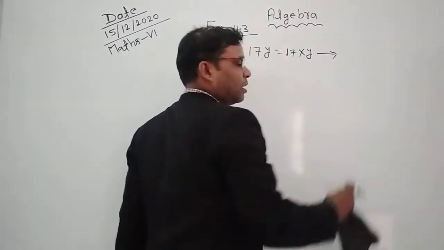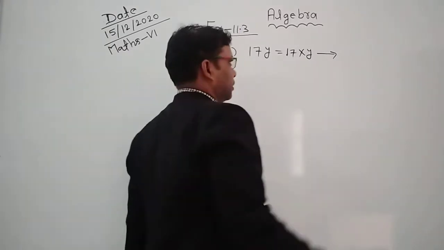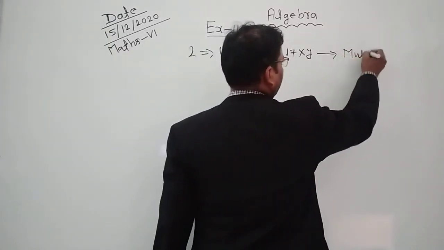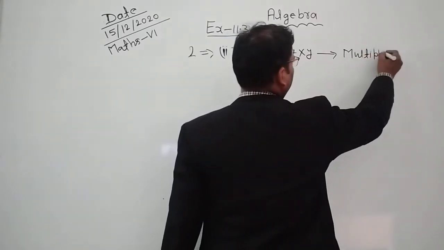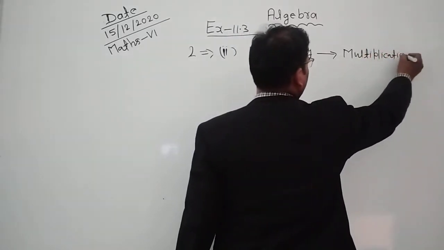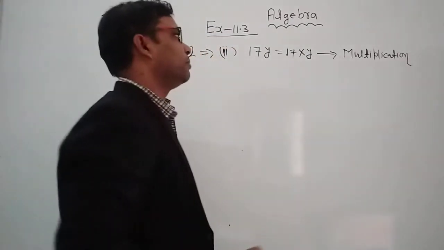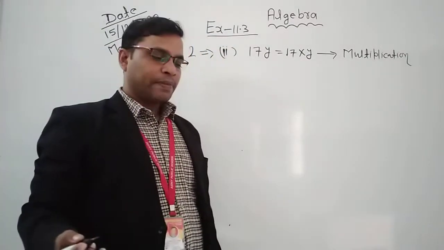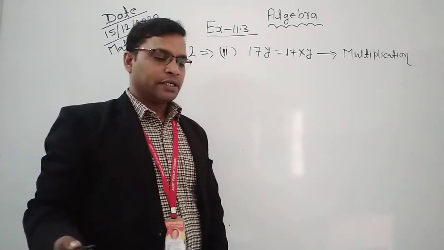And how has the expression been formed? So you can write multiplication. How has the expression been formed? You can write: y multiplied by 17.